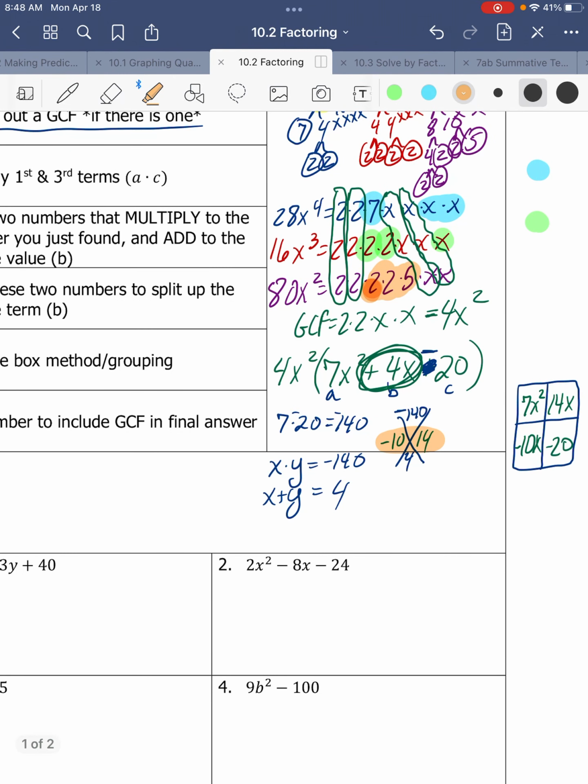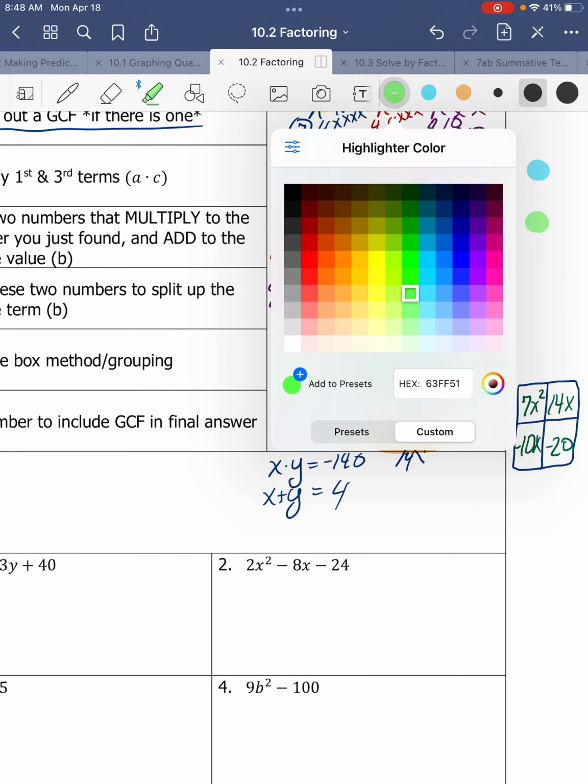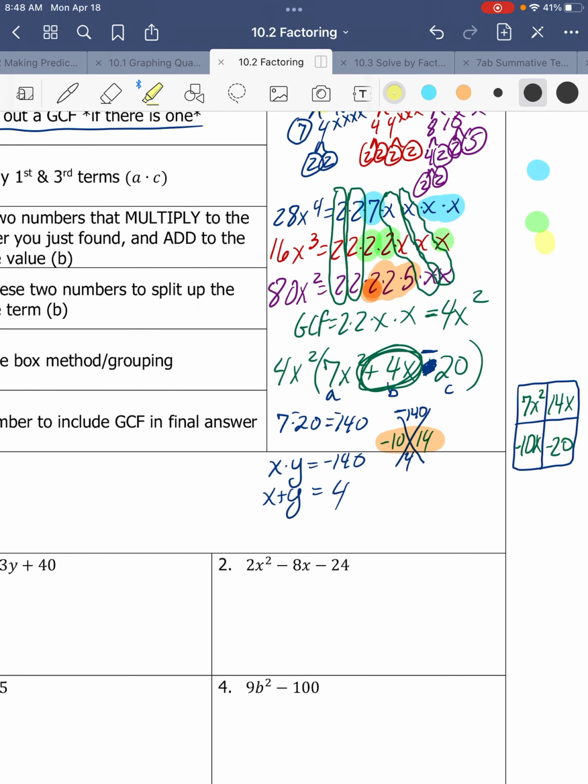And our last step is to take out the greatest common factor of each row. On the bottom row, the biggest number and or variable that we can take out is 10. Because this first term is negative, we're going to take a negative out, so it'll be a negative 10. The greatest common factor of the top row is 7, and they both share an x, so 7x.